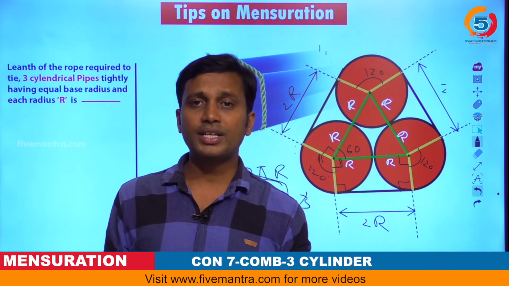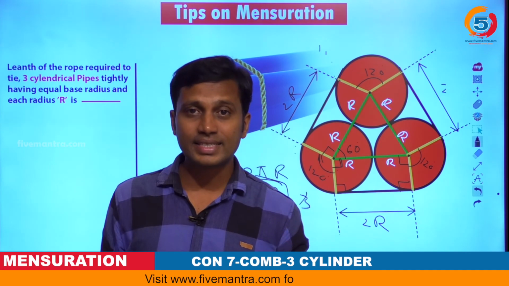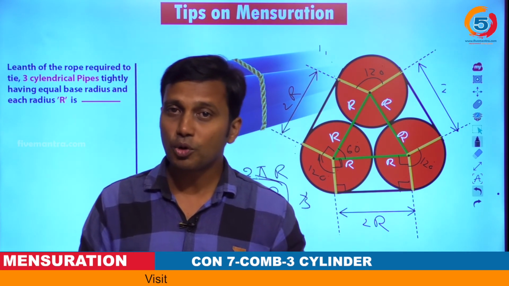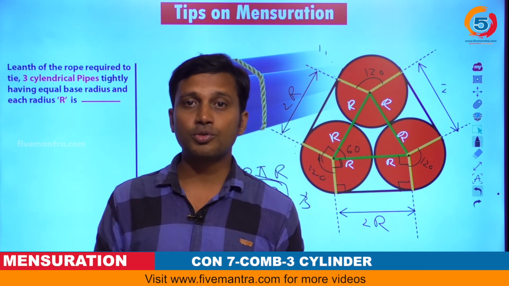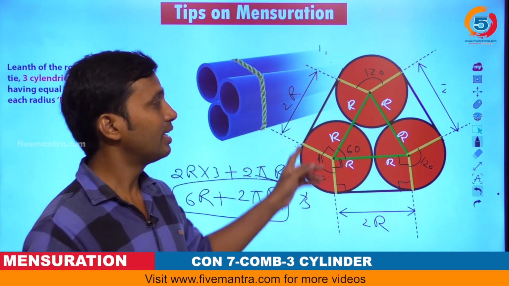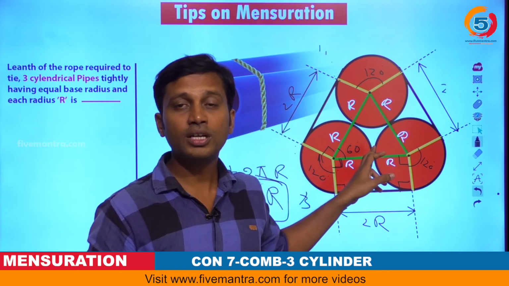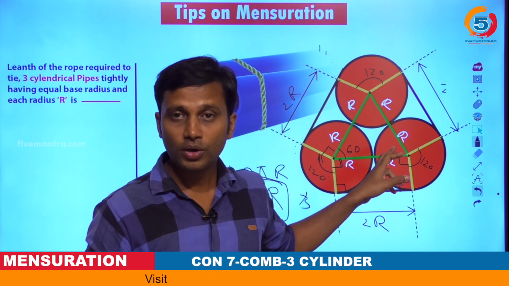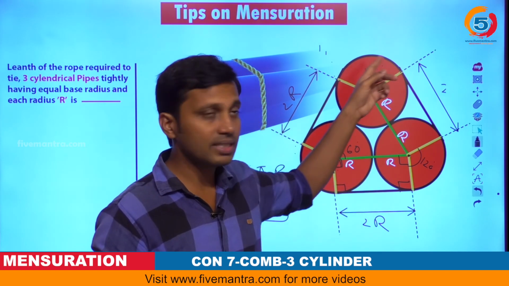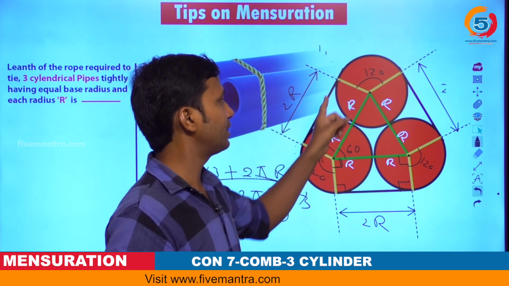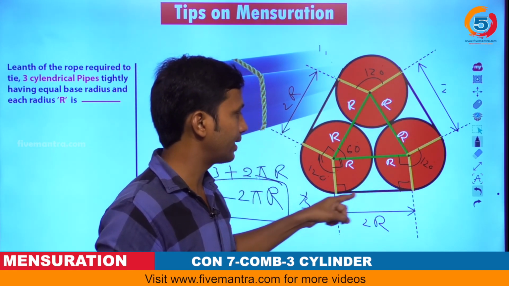But before that you need to do more analysis of the given diagram by dividing it into different portions. Then it becomes clear what the requirement is. Here our requirement is to find the total length of the rope which is used to tie these 3 cylindrical rods or 3 cylindrical pipes, and that would be this total length.